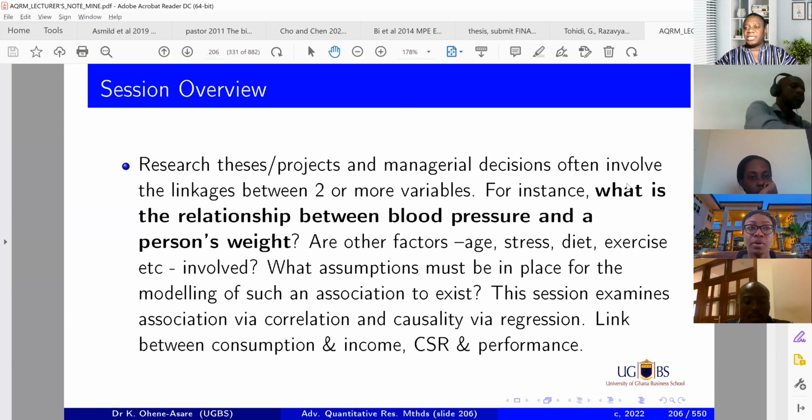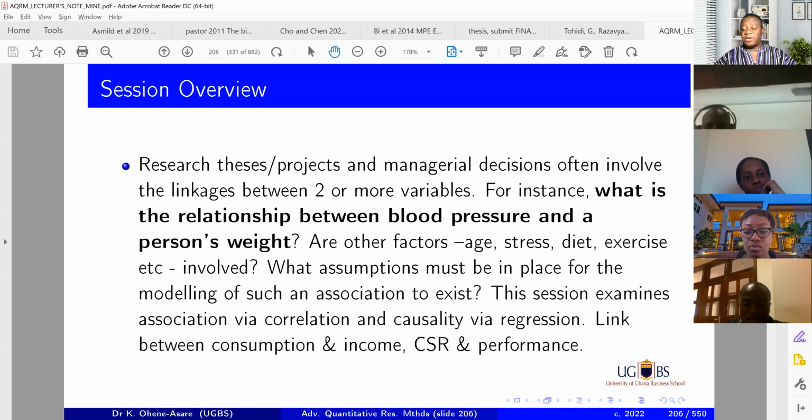Anytime you're undertaking a research project, a thesis, dissertations, as you start to do that, there will be the tendency for you to think about relationships. There are so many relationships. For example, is there a connection between the Russia-Ukraine invasion and fuel prices?